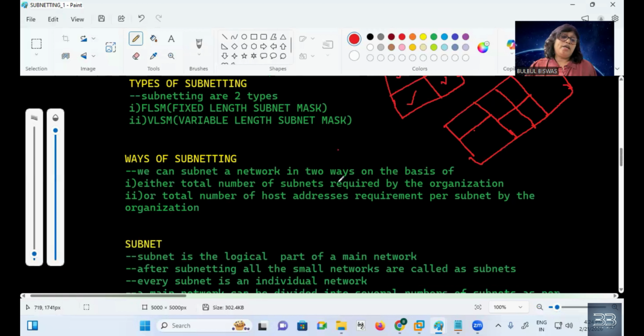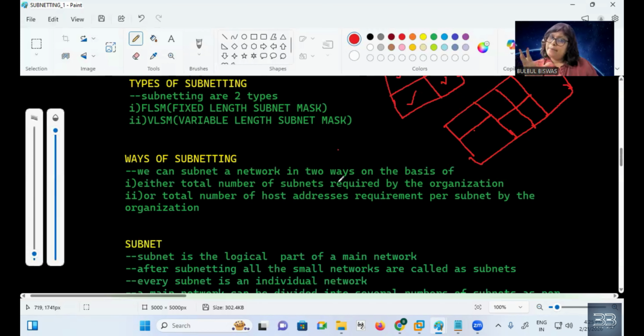Now here is a question. Ways of doing subnetting means what? Actually, in industry when we go for subnetting, we are not doing it blindly. Maybe some organization is saying, I have a large network, please, I need 5 subnets. That means here the demand is the number of subnets.